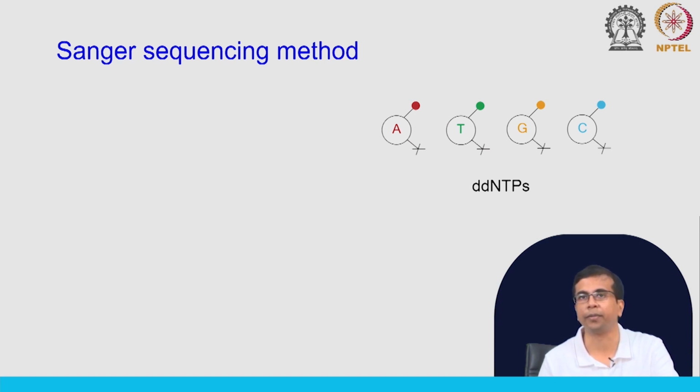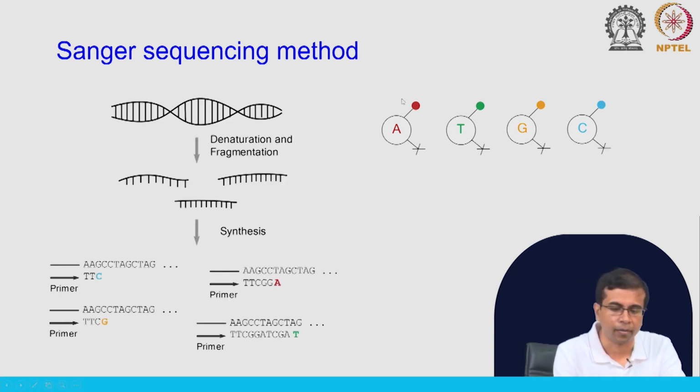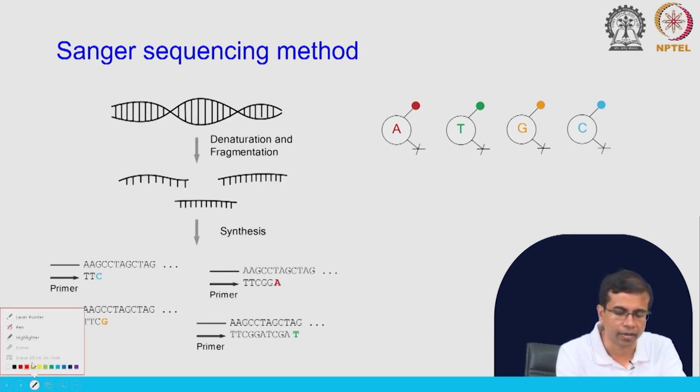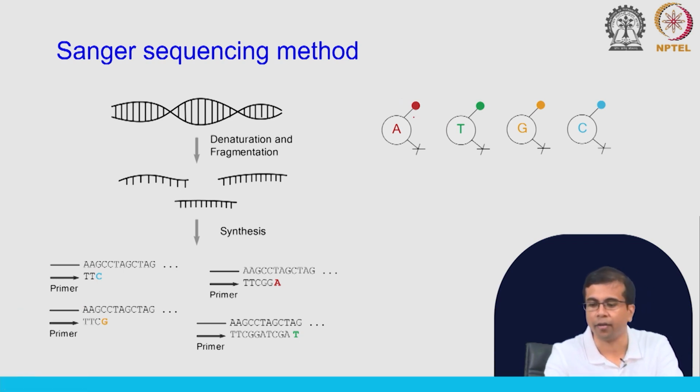So, you have 4 types A, T, G, C, right. Each of them is tagged by some fluorescent color, right. So, they have all these different colors, you can see orange, green, yellow and blue for this, right. So, this is again a schematic, right. Of course, these are not the exact colors that are given, but they are different. So, that is the point.